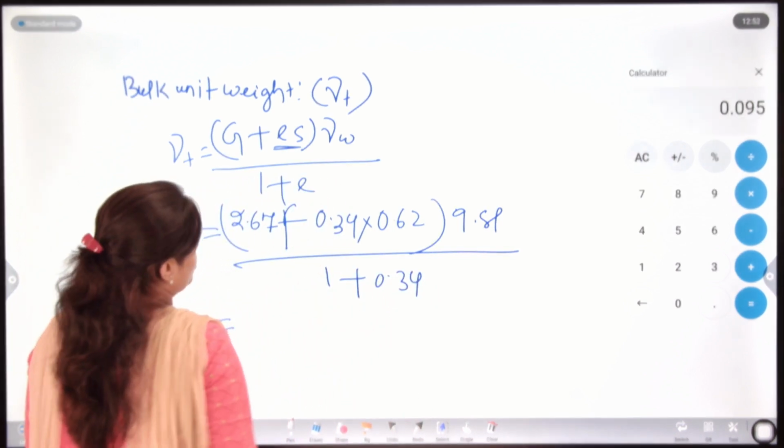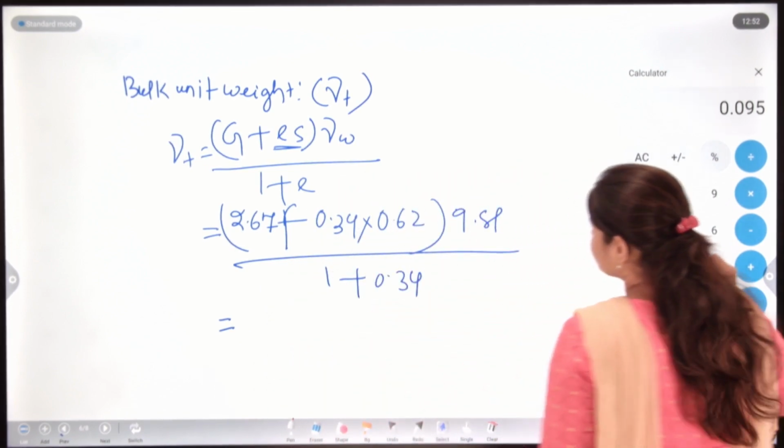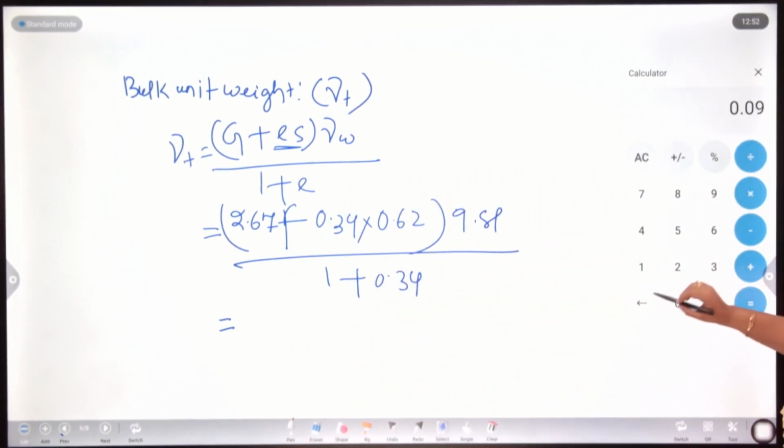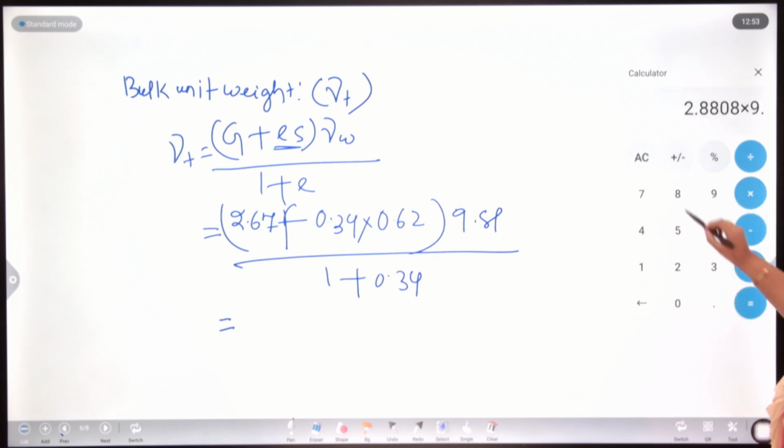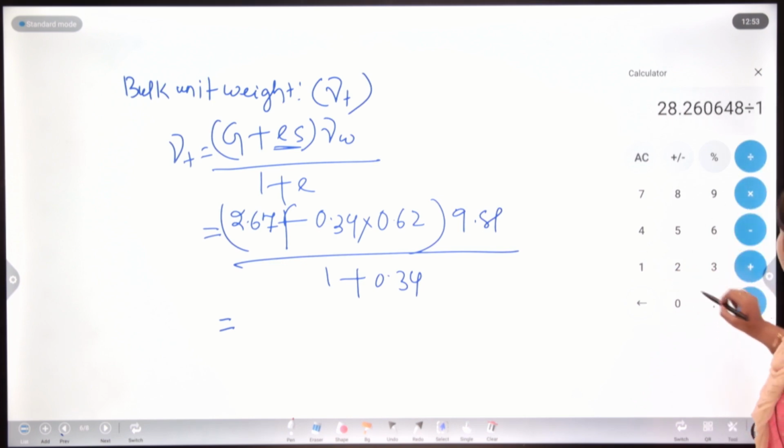Okay. So here: (2.67 plus 0.34 into 0.34 multiplied with 0.62) plus 2.67, multiplied with 9.81, divided by 1.34.